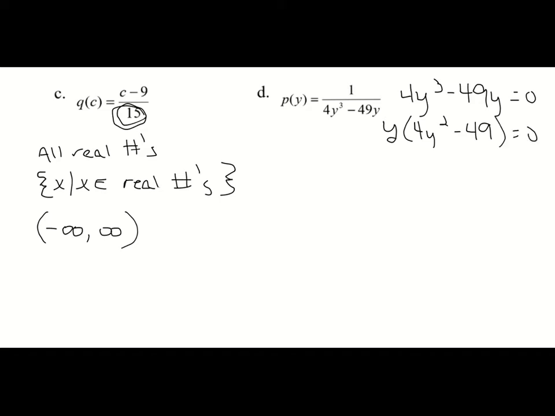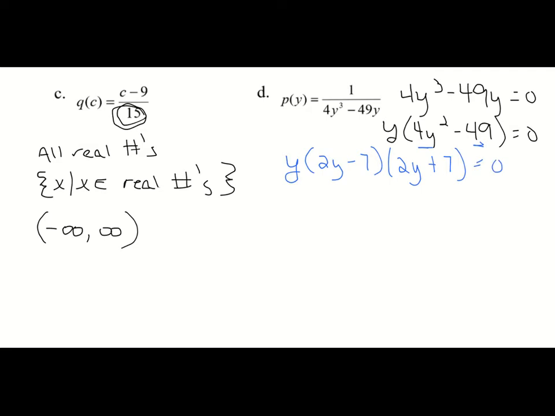Then I notice the 4y squared minus 49 has two terms, subtraction, and they're both perfect squares. The square root of 4y squared is 2y, and the square root of 49 is 7. So I'm going to factor that as a difference of perfect squares: y times 2y minus 7 times 2y plus 7 equals 0.